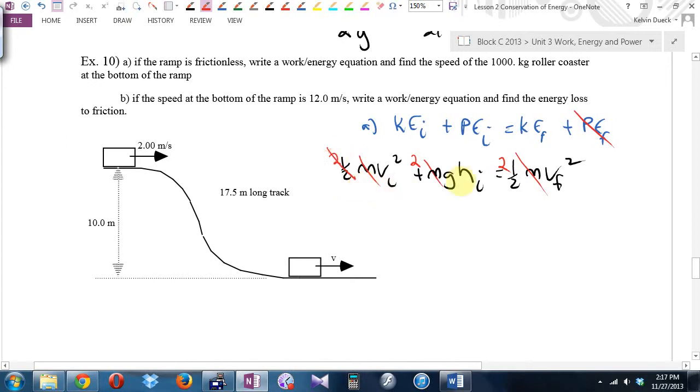Because here they cancel, and I'm left with v i squared plus 2 g h i equals v f squared. In fact, that's where the equation v f squared equals v i squared plus 2 a d comes from. I'm trying to find v f. How to get the v f by itself?